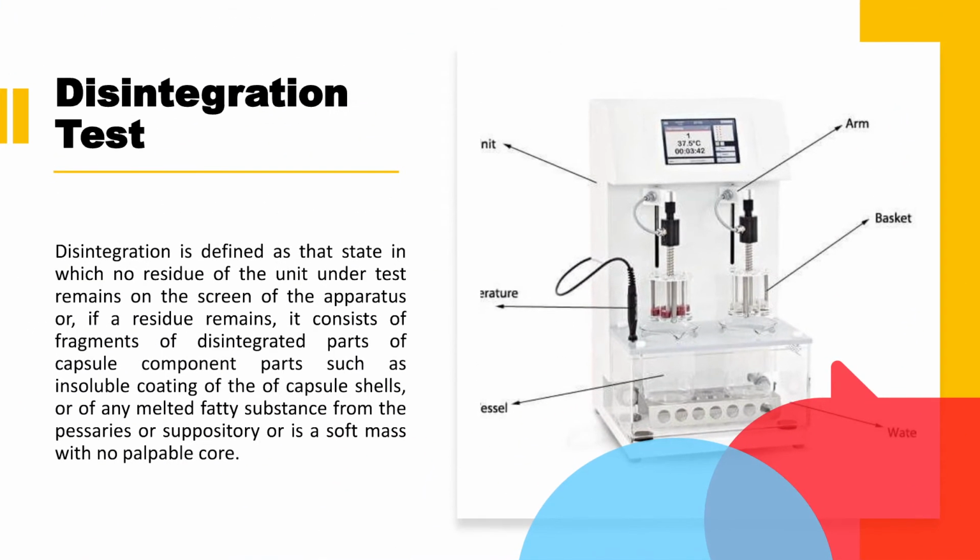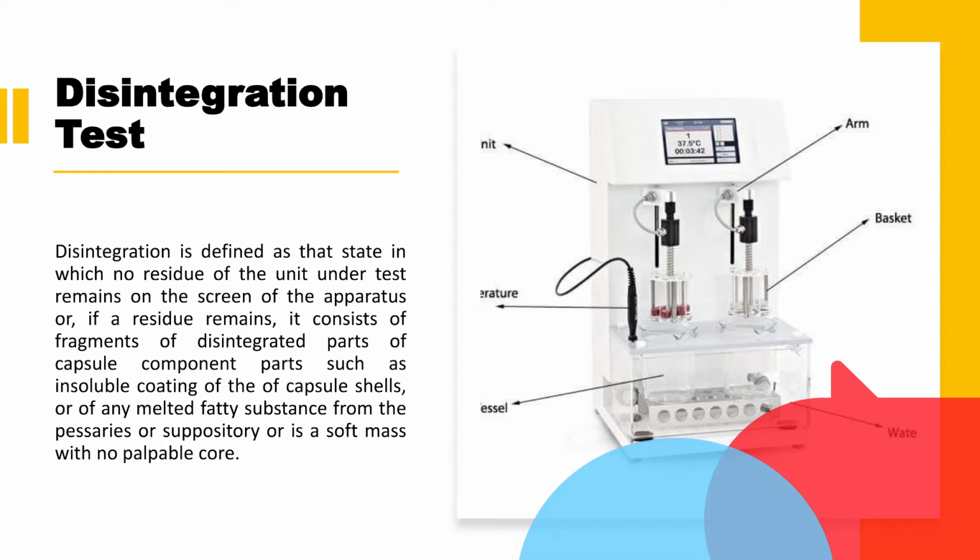So let us first try to understand the disintegration process. Disintegration simply means a process whereby a tablet disintegrates first into granules, then into soluble particles, which reach the systemic circulation. So basically, the disintegration test is to simulate what is happening inside the body.